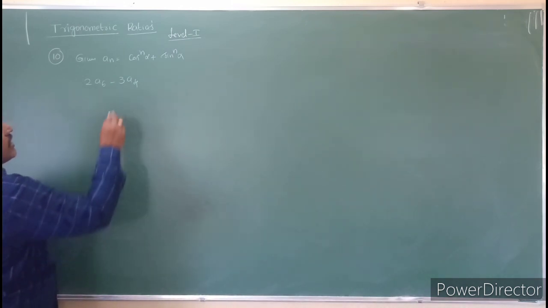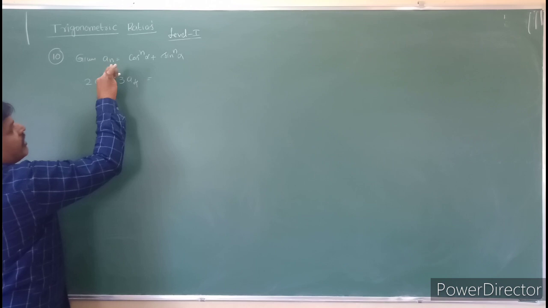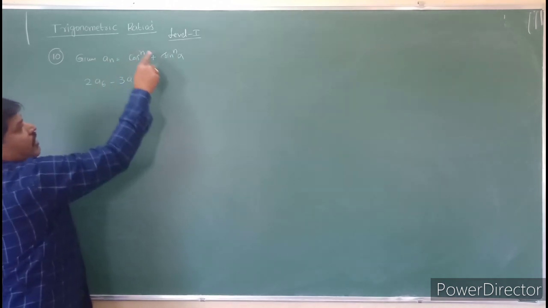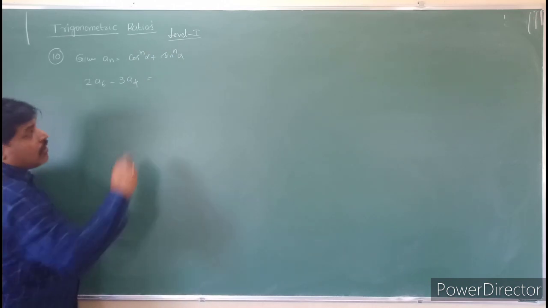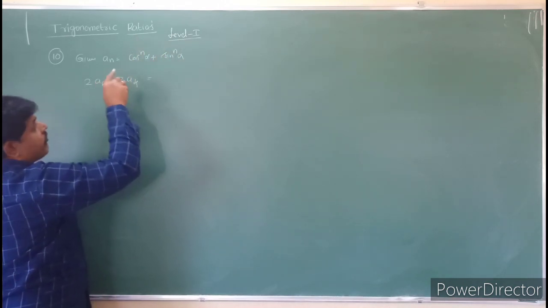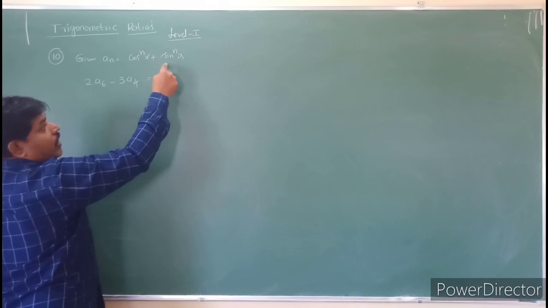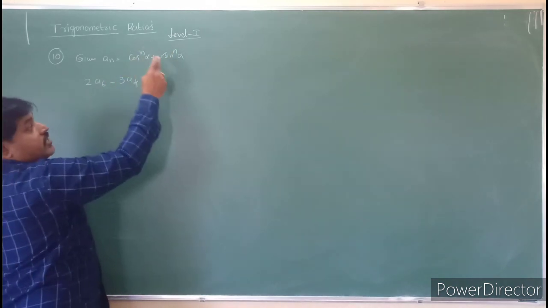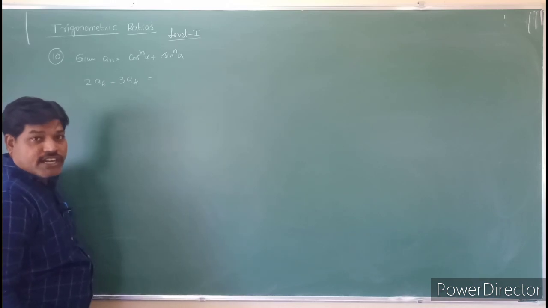So what this means is, see students, a1 is nothing but cos alpha plus sin alpha, a2 is cos square alpha plus sin square alpha, a3 is cos cube alpha plus sin cube alpha, a4 is cos power 4 alpha plus sin power 4 alpha, a6 is cos power 6 alpha plus sin power 6 alpha. Do you understand that?